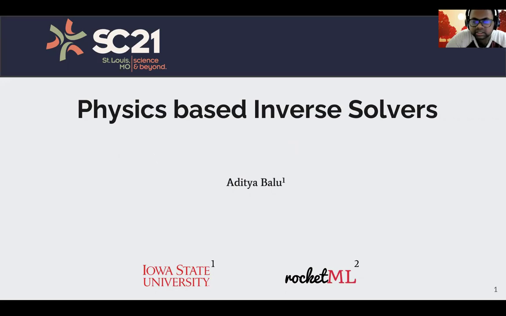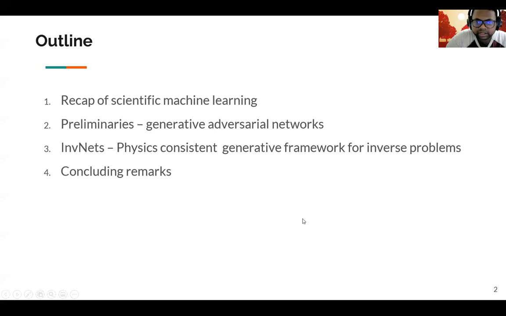A quick outline of what I will be presenting in this session: I'll first give a brief recap on the scientific machine learning area, which we have covered, and all the works and terminologies we have used in this area.